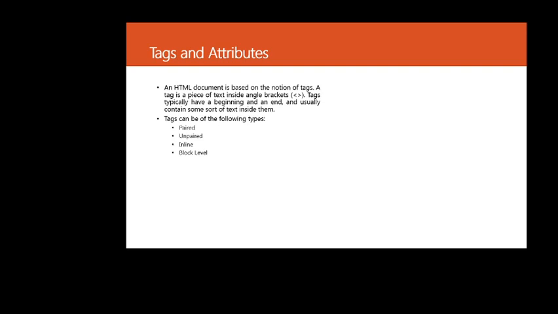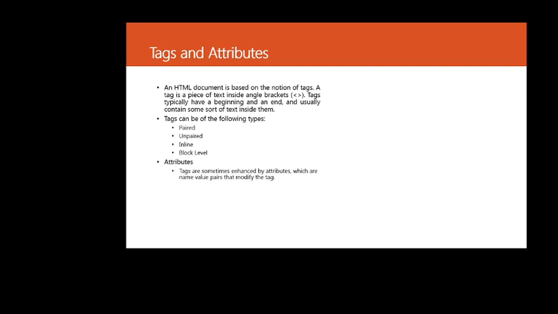So we'll see how we can use inline and block level tags. Now when we define an HTML document, these tags play an important role because they define how our content has to be rendered on the browser.